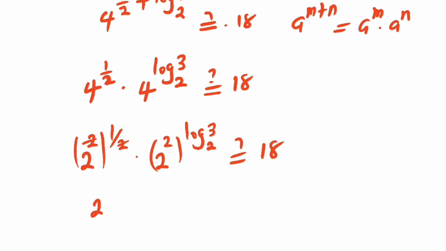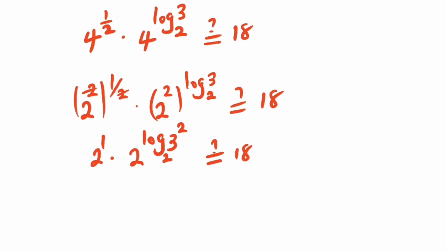We have 2 raised to power 1 multiplied by this can be written as 2 raised to power log 3 to the power of 2 base 2, must be equal to 18. Then this is 2 raised to power 1. This is 2 multiplied by 2 raised to power log 3 squared, that is 9. We have log 9 base 2 must be equal to 18.